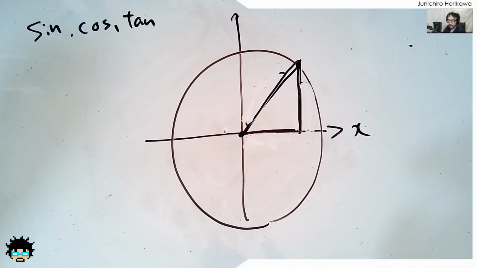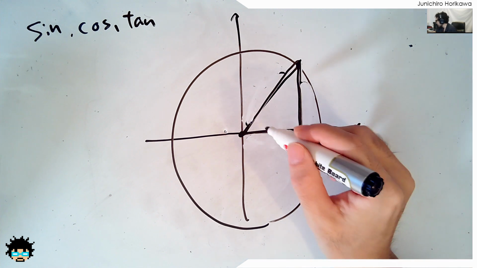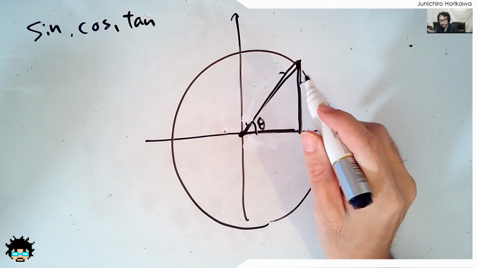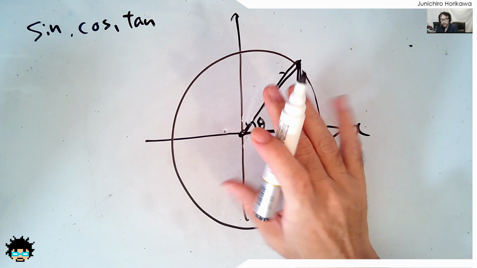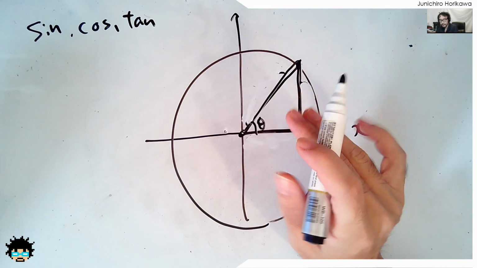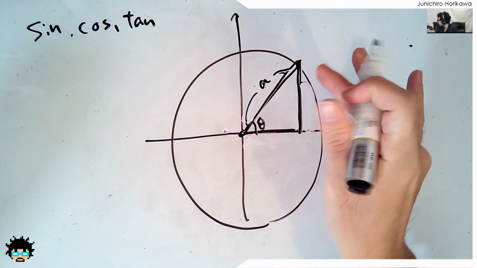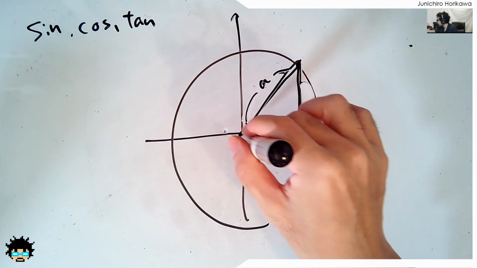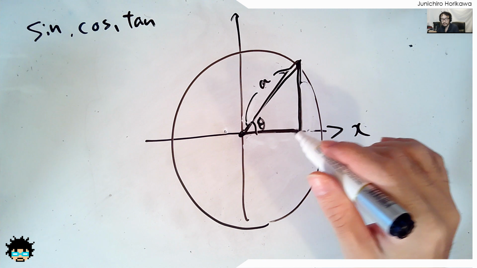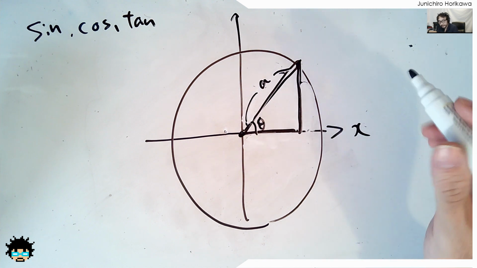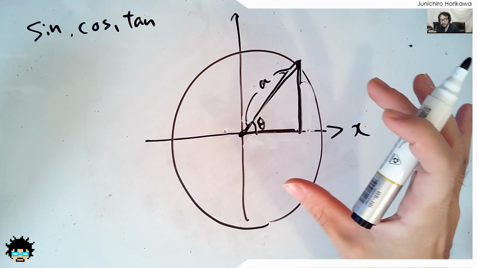Now from this triangle, you can extract 4 different pieces of information. One is the angle of this triangle from the center of the axis, and one is the length of this edge from the center to the intersected point on the circle, which is equivalent to the radius of the circle.